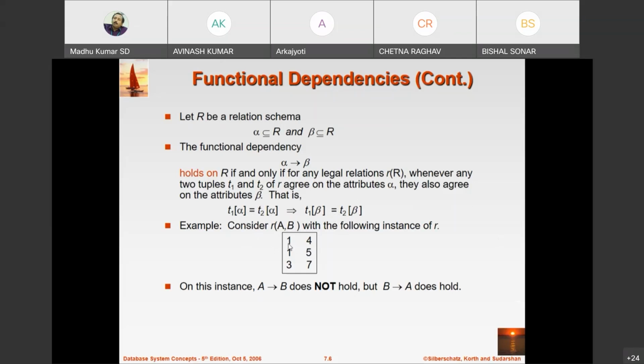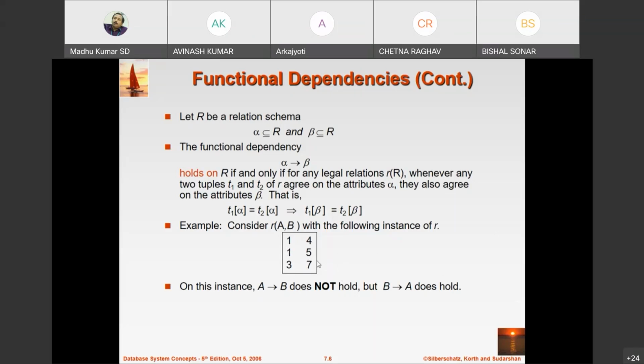So here you can see, A determines B, is it true? A determines B does not hold, because if this is column A, you can see that 4 is paired with 1, and here 5 is paired with 1.